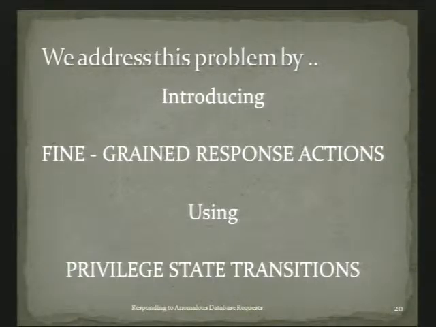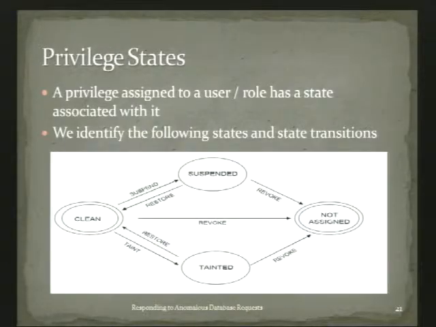So what is a privileged state I'm talking about? We propose that a privilege assigned to a user or a role in the database can have a state associated with it. Right now you can think of a privilege as being in a binary state: either it is assigned to a user or not assigned.